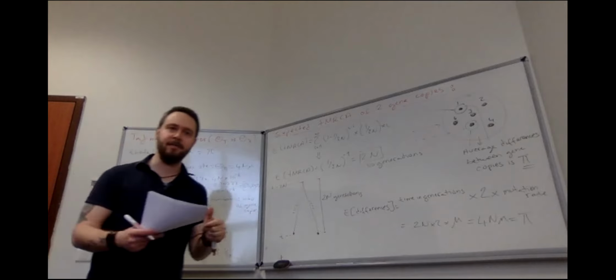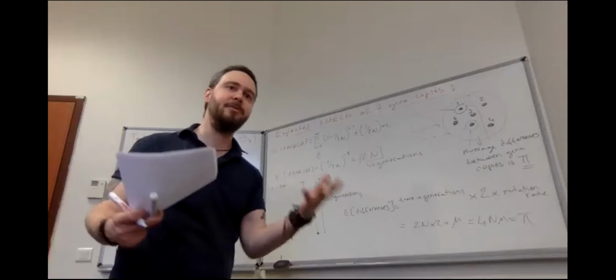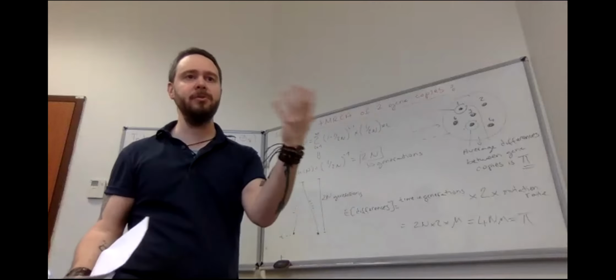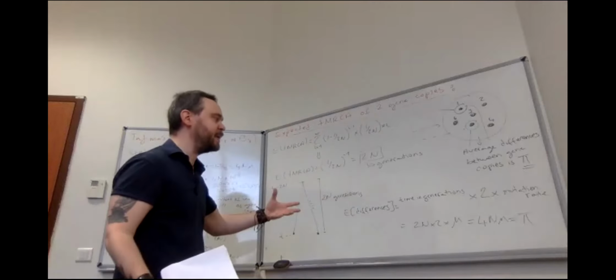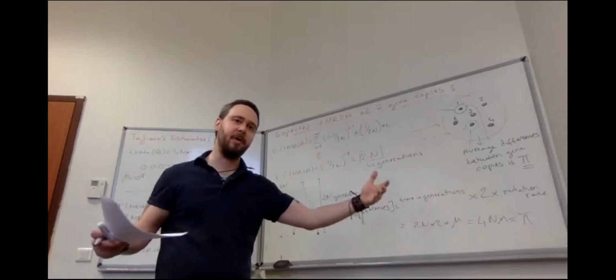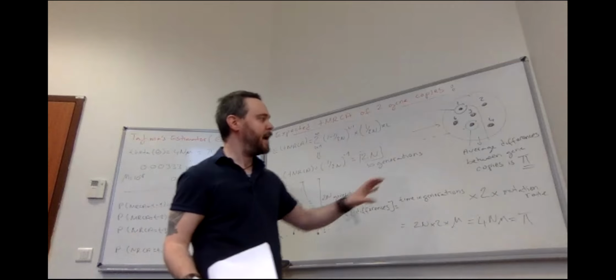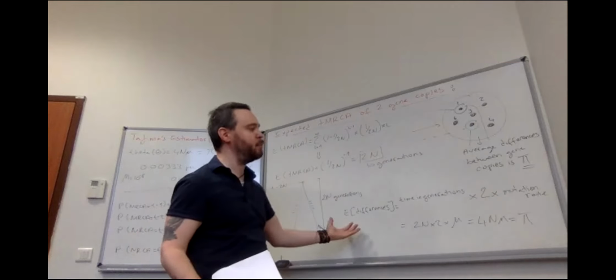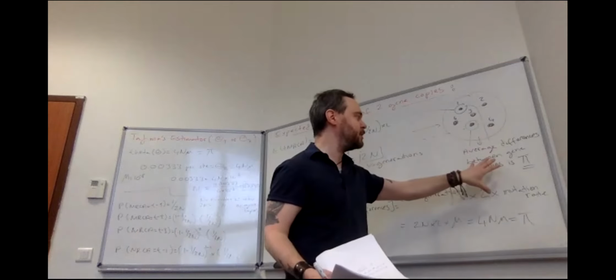So again, this is the first foray into how we can use coalescent theory to derive expectations for some of our statistics summarizing DNA genetic variation. Here we've shown that we can come up with an expectation for the average differences between copies.